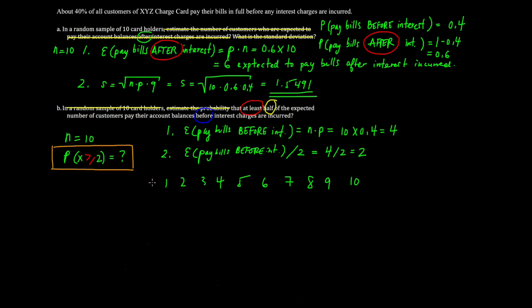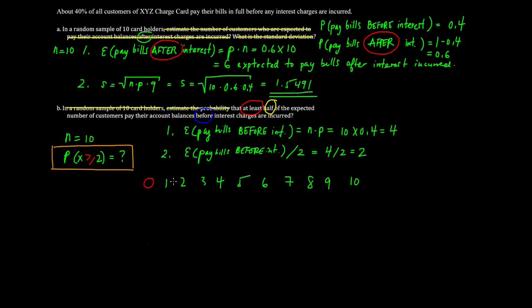So because I have greater than or equal to 2, I hope some of you noticed that I forgot something. In binomial, the 0 is super important. Why? Because there is the possibility that no people will pay their accounts before interest charges are incurred. So in binomial, the 0 is incredibly important. Please, please, please do not forget it.